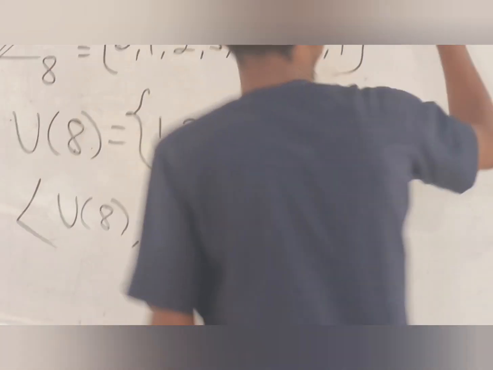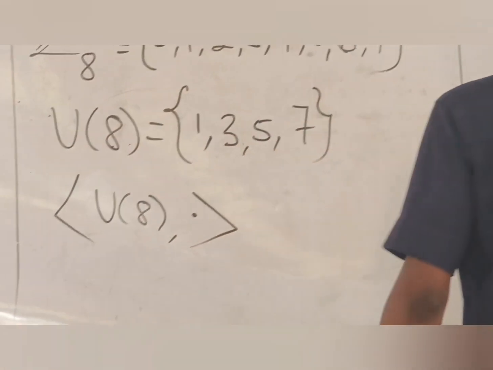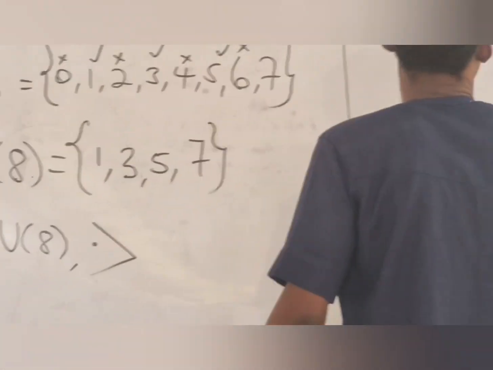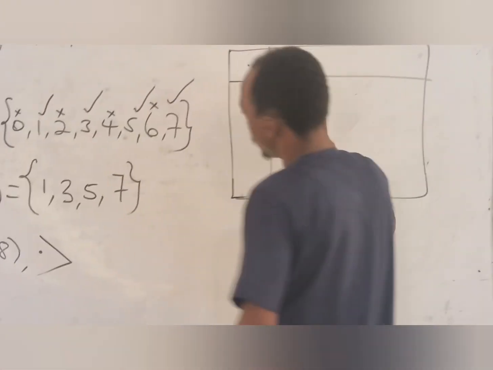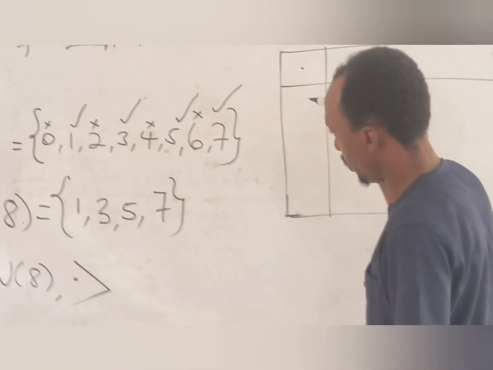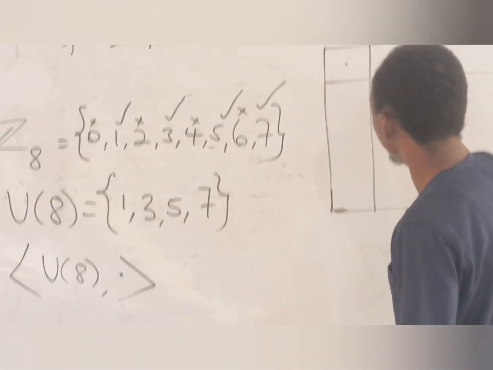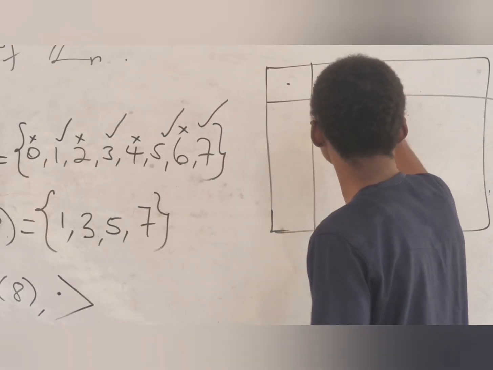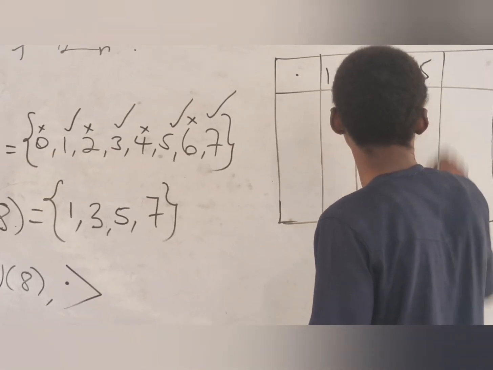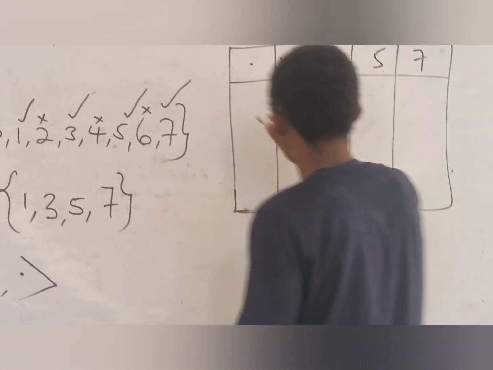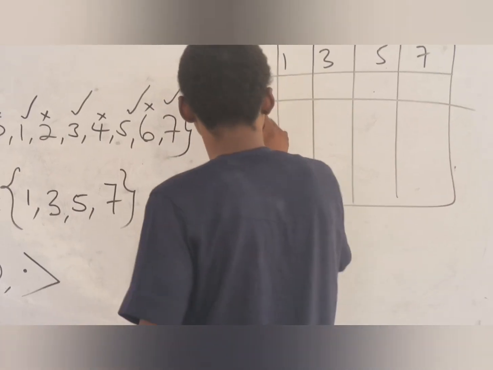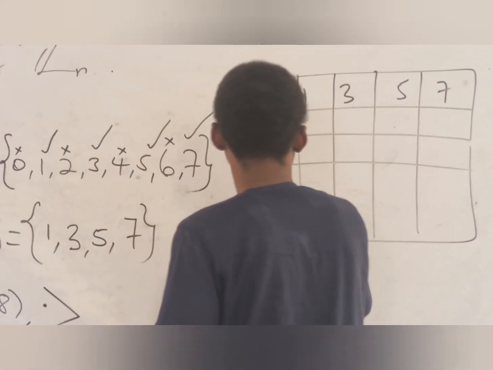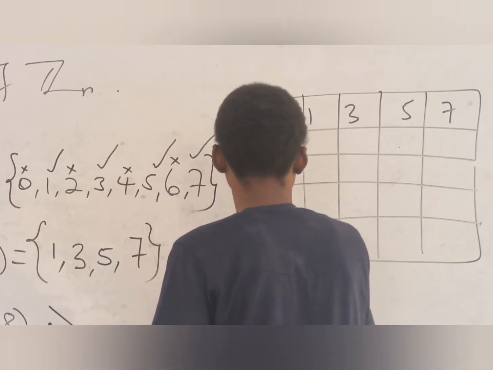So let's go to the previous one: dot, multiplication. So what are the elements of U8? 1, 3, 5, 7.